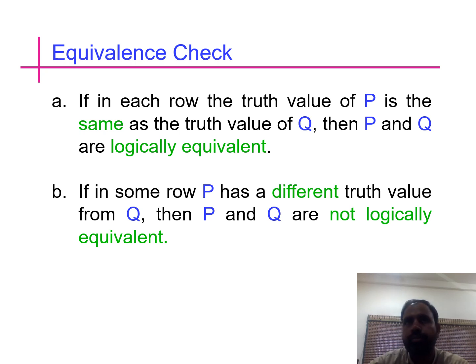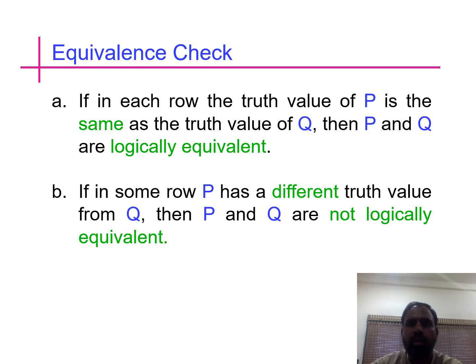Equivalence check. This is very simple to check the equivalence between two propositions. If in each row the truth value of P is the same as the truth value of Q, then P and Q are logically equivalent. So simple, so easy. You can check both the values P as well as Q. If both values are the same, then P and Q are logically equivalent.